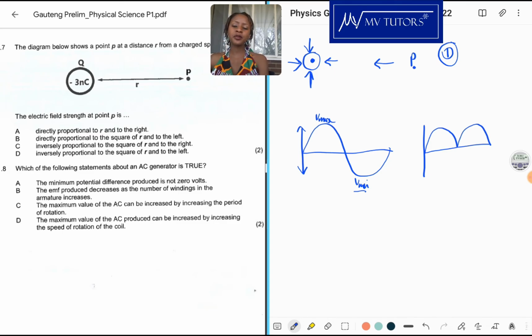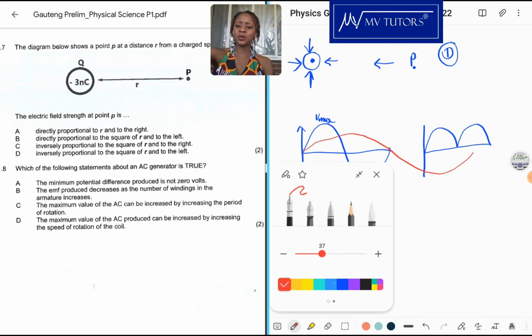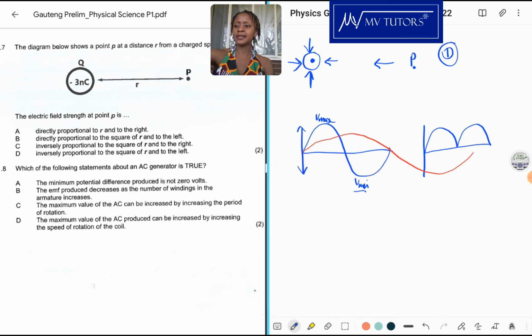No, if you increase the number of windings, the EMF will increase. C, the maximum value of the AC can be increased by increasing the period. Remember, when you increase the period from your sine and cos graphs, it will do something like this. So no, it doesn't quite do that.